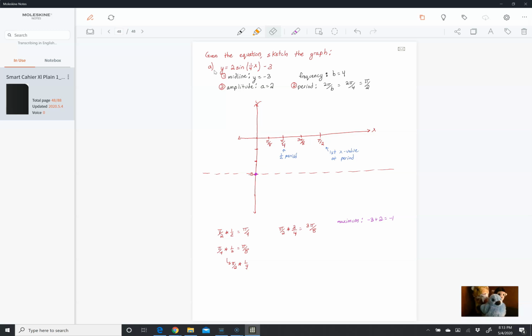This is our midline plus our amplitude. We're going up the amplitude because we're doing a maximum. Our minimum is going to be our midline minus our amplitude. This is always true for every graph. Sorry, that should be an A.